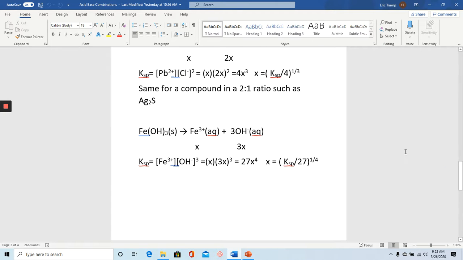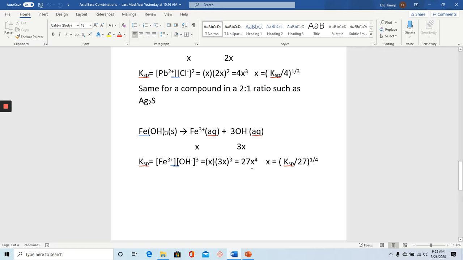Okay, let's consider a 1-to-3 ratio, such as iron 3 hydroxide. This dissociates into iron 3 ions and hydroxide ions. And if we designate iron 3 as X, OH is 3X. Okay, we would substitute these values into the KSP expression.